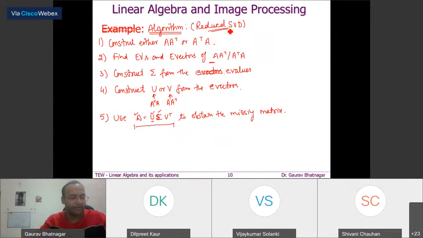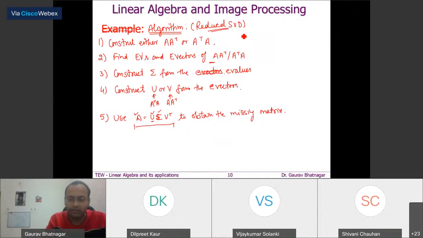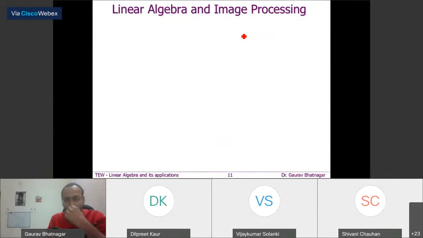I think I have sufficient time to do one example, where we find the SVD of a given matrix. I have one blank slide with me.